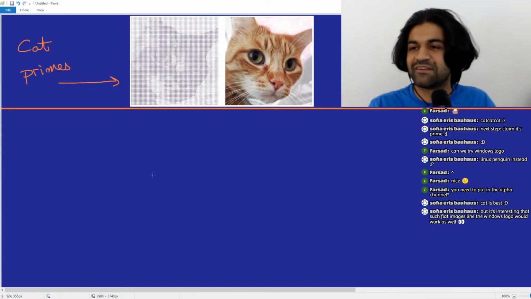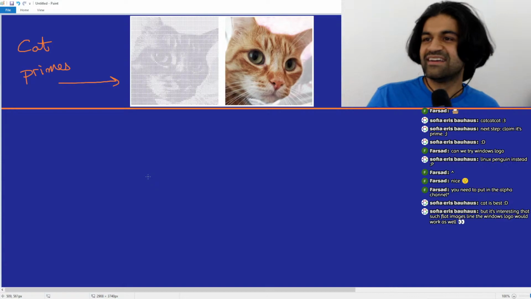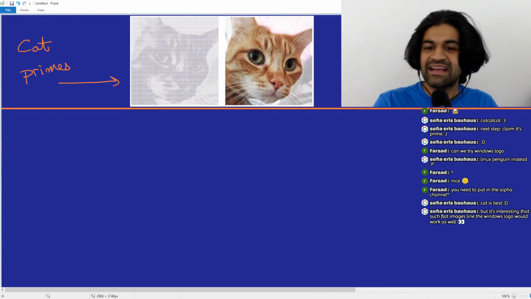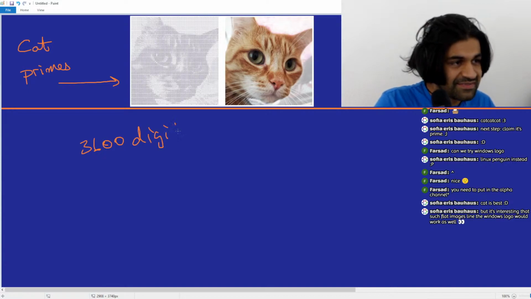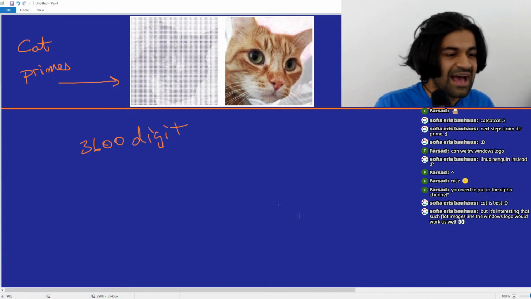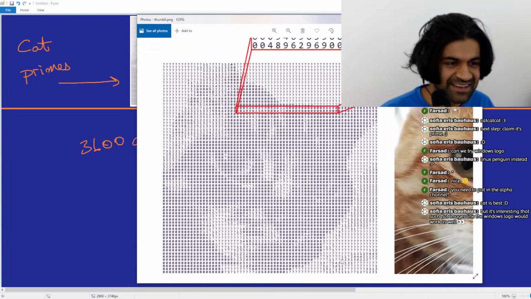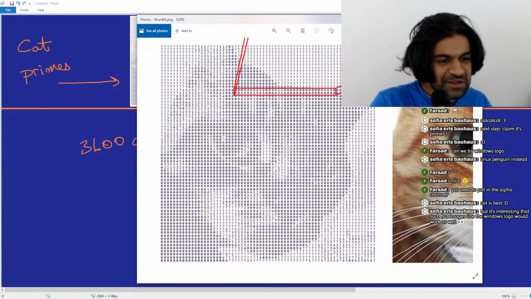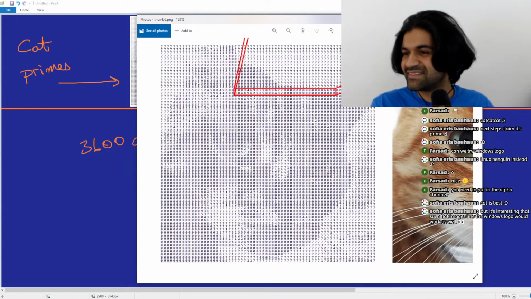Why am I so confident that it is possible to find a prime number close to my starting image? Now, if you think about it, the starting image is a 3,600 digit number. That is a huge number. I mean, the entire population of planet Earth is smaller than the first 10 digits over here.